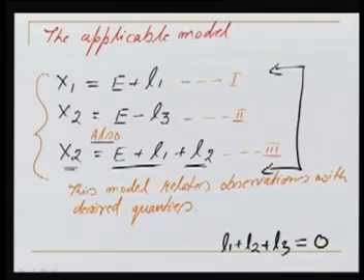Why will L1 plus L2 plus L3 be 0? We started from this point. L1 is the difference between these two points, A and B, then L2, then L3. So we are starting from a point and coming back to the same point. If we sum up all these, wherever we go, we have seen this in our loop concept also when we were talking about leveling. L1 plus L2 plus L3 should be equal to 0.